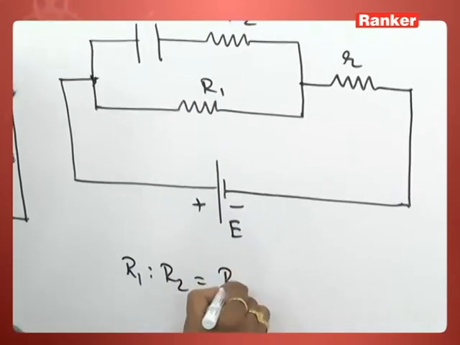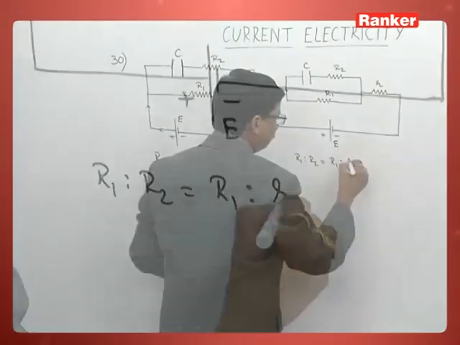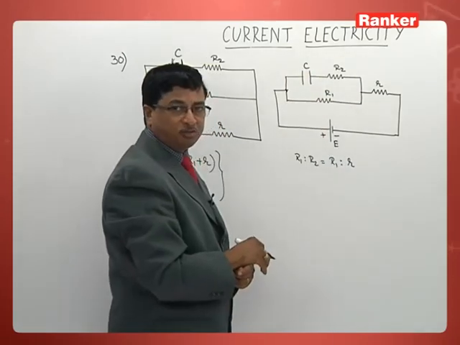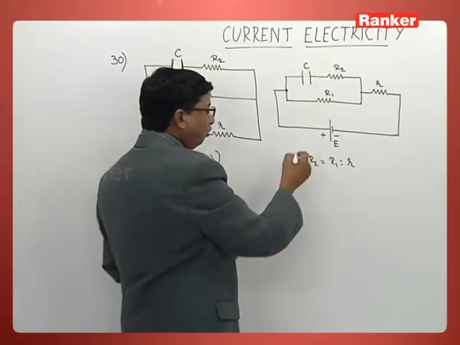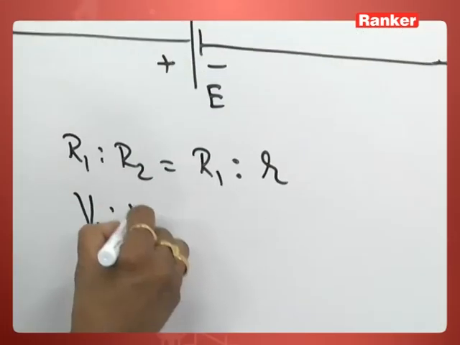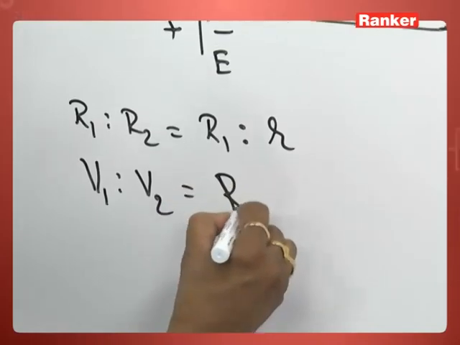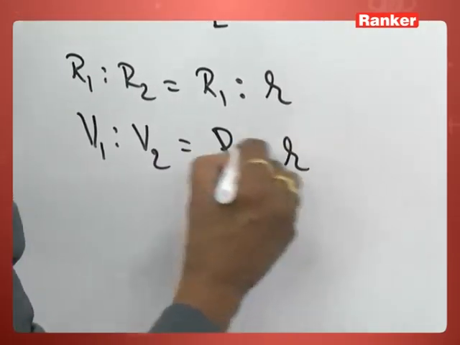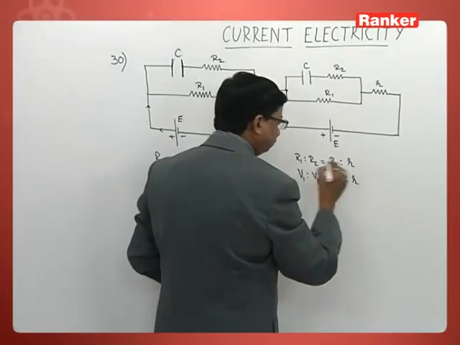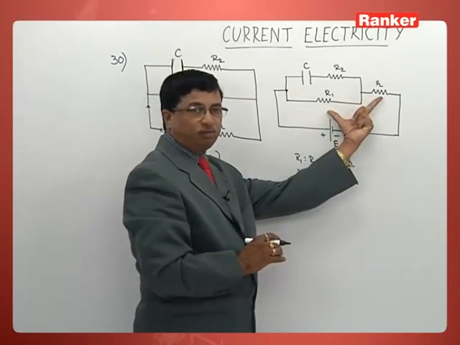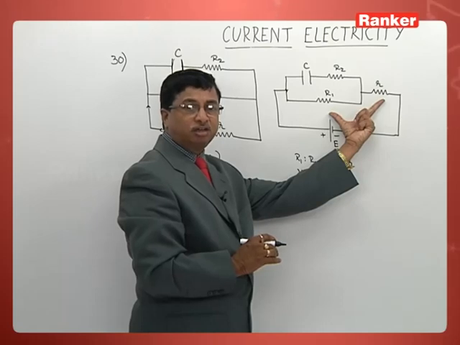I write that one as R1 is to small r, because this doesn't come into the picture, since no current passes through it. And the potential difference across these two will again have the same ratio, R1 is to R. So potential differences are in the same ratio as the resistances when they are connected in series.